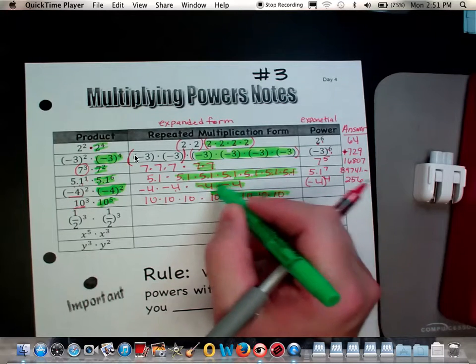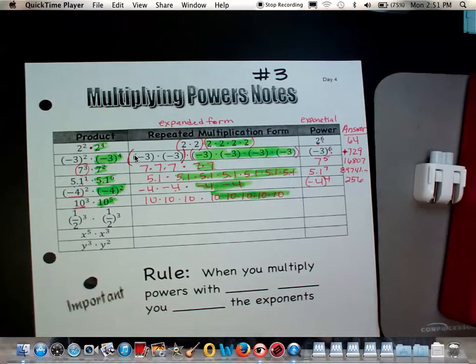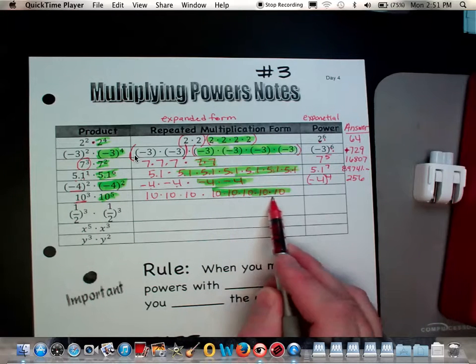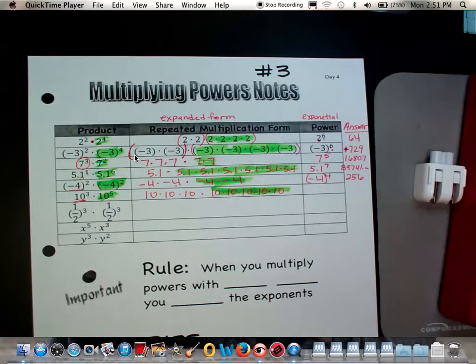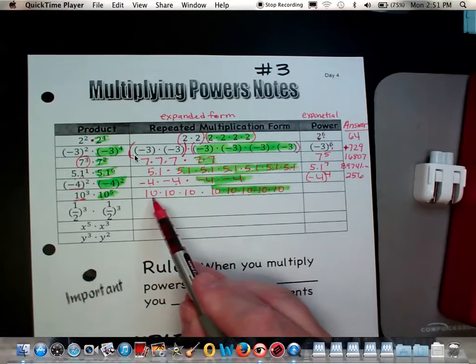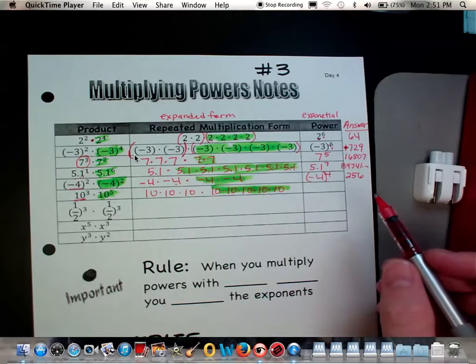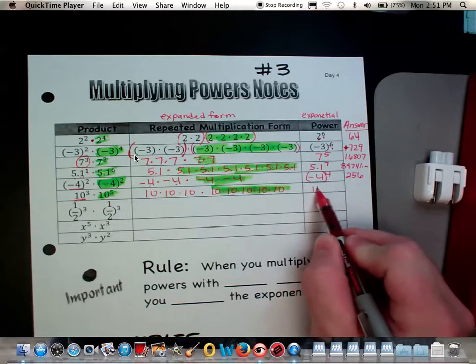Forgot to highlight that one. So there's that one highlighted. 10 to the fifth power, just 5 tens laid out, multiplied by each other. Count them up. 1, 2, 3, 4, 5, 6, 7, 8. That's 8 of them. So it's going to be 10 to the 8th power.